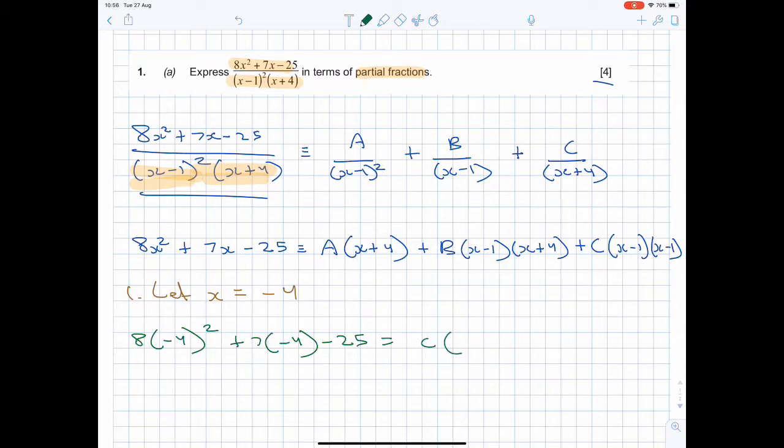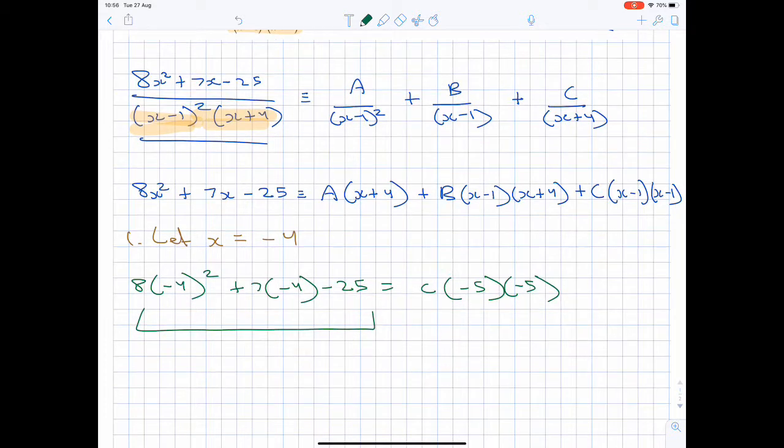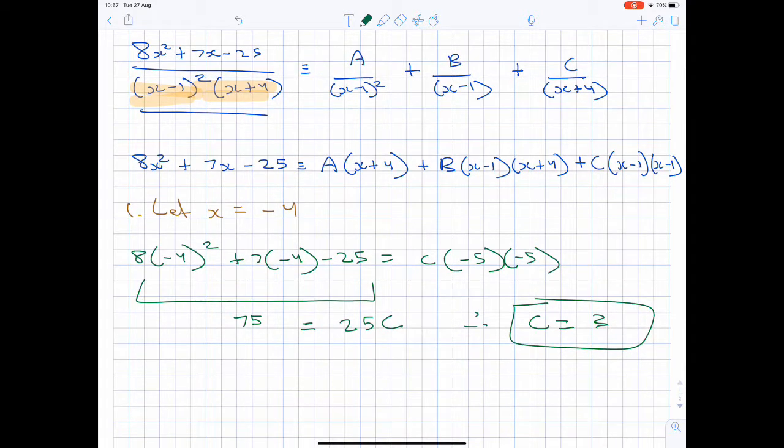So C will be minus 4 minus 1, which is minus 5, squared. If we do the maths on the left hand side and simplify this, we get 75, and on the right hand side we just have 25C. If we divide through by 25, we can see that C would be 3. So that's our first letter that we found out.